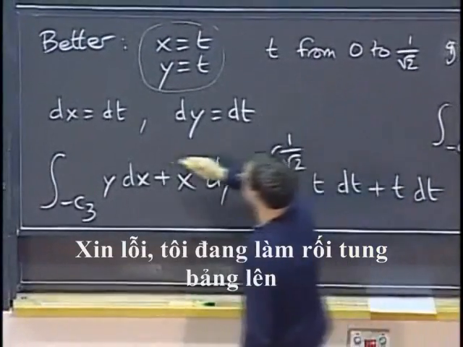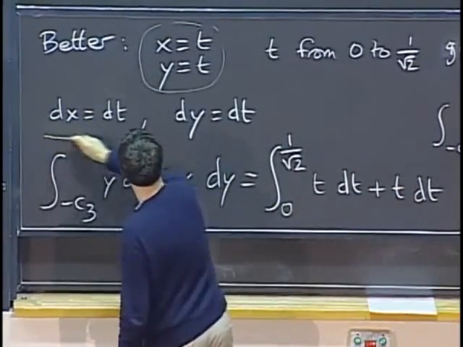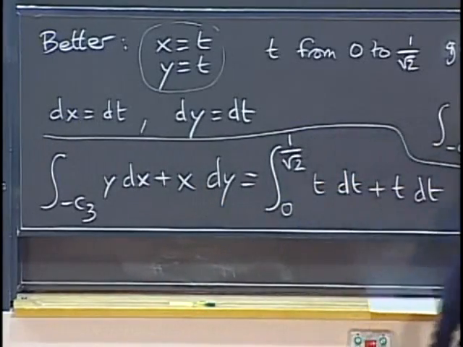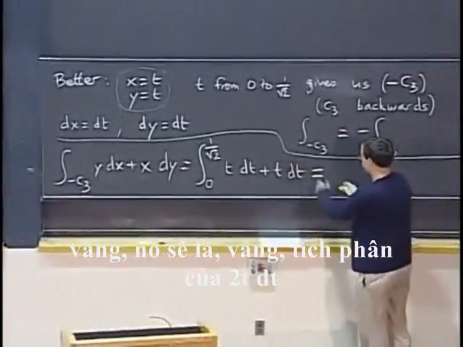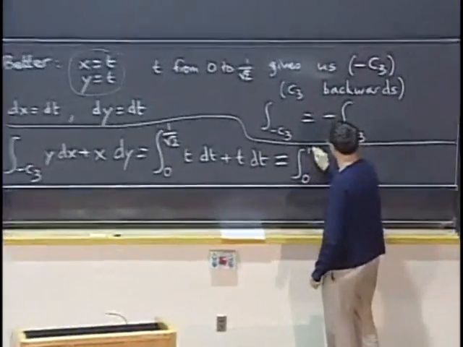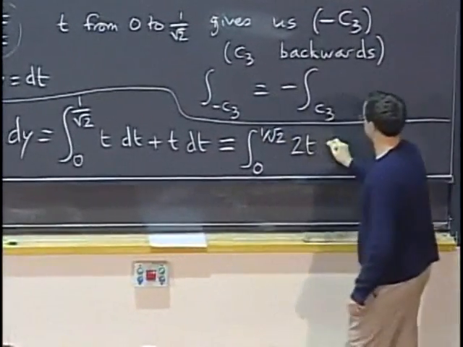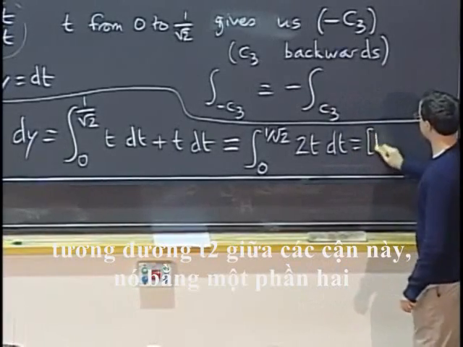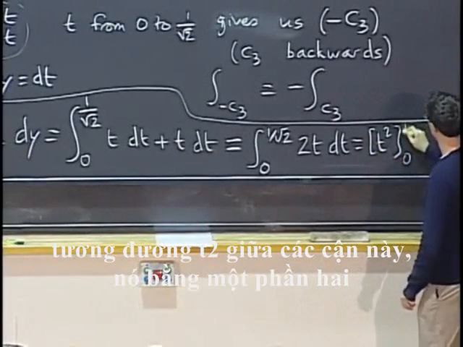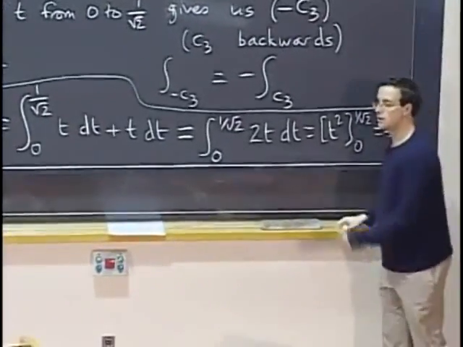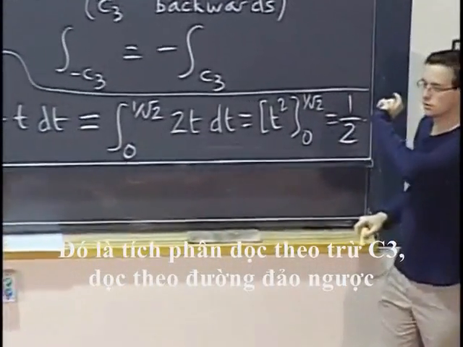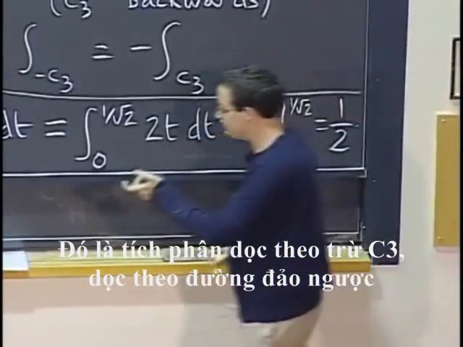Sorry, I'm messing up my blackboard. Which is going to be the integral of 2t dt, which is t squared between these bounds, which is 1/2. That's the integral along minus C3, along the reversed path.